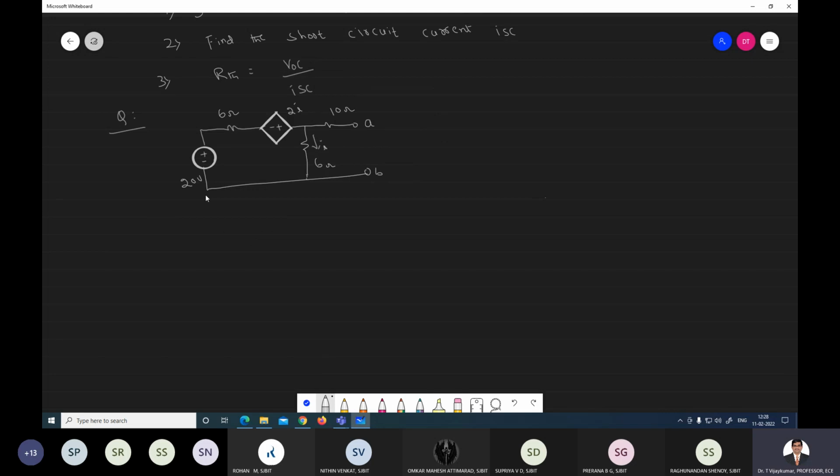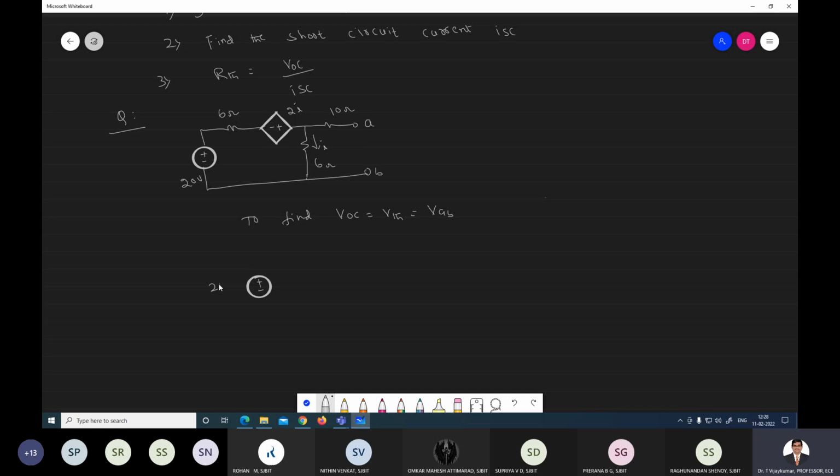Now find out what is the open circuit voltage. To find the open circuit voltage, that is your Thevenin voltage, that is nothing but the voltage across AB. I told you now you have to find the open circuit voltage with sources activated in this case. What is the figure you write?